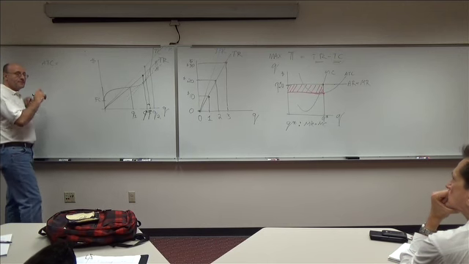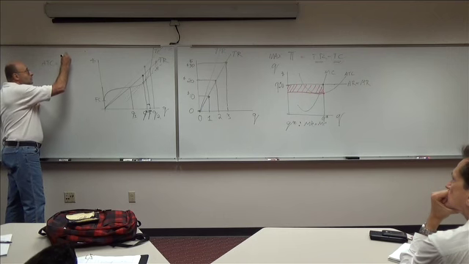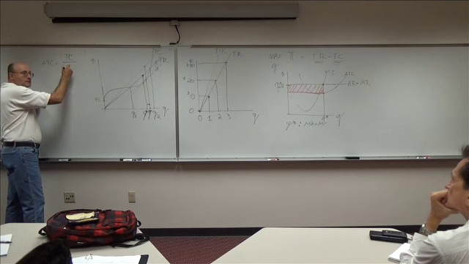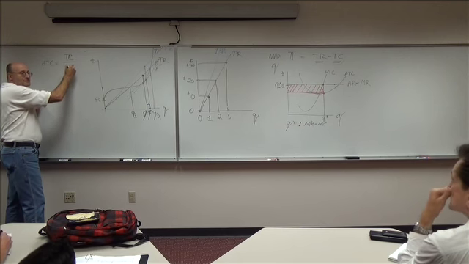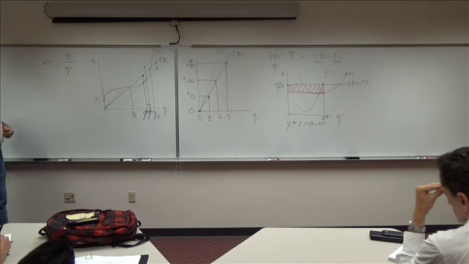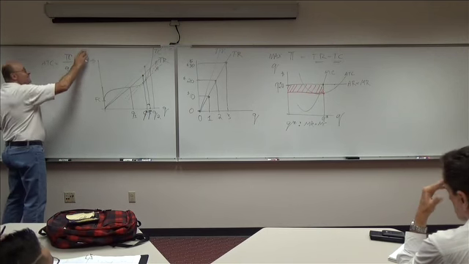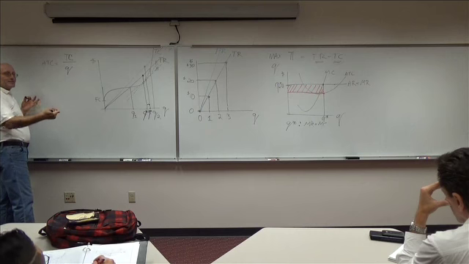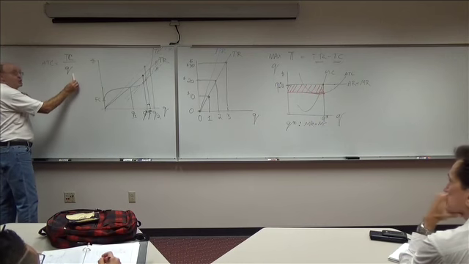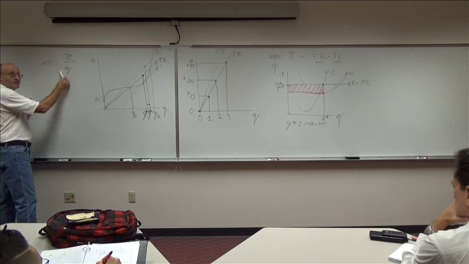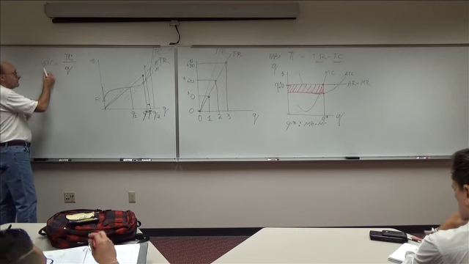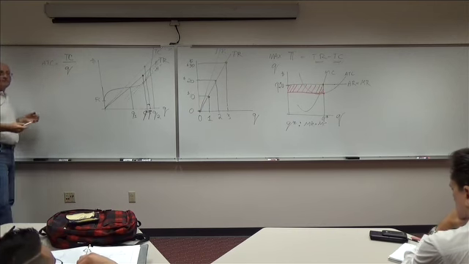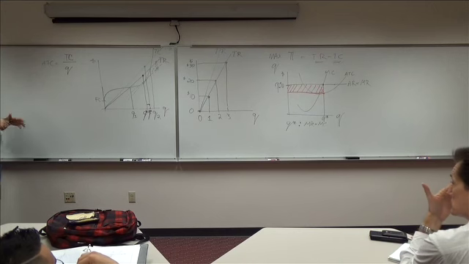How did you find the answer? Just divide 700 by 100. Just divide total cost by the number of pizzas. Oh, there you go. Congratulations. But you get the intuition. In other words, it is your total cost per pizza, just like you said. Per pizza means divided by number of pizzas, right? So average total cost is total cost divided by quantity of pizzas. That's it.